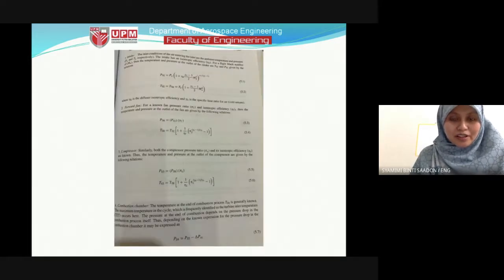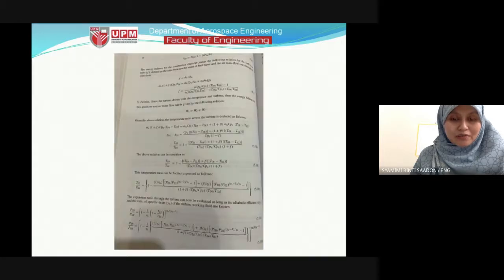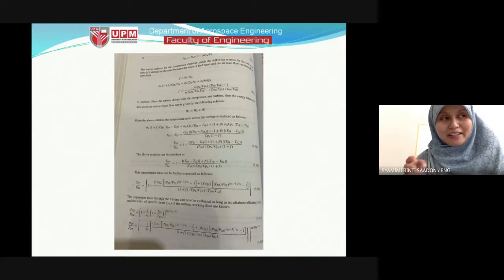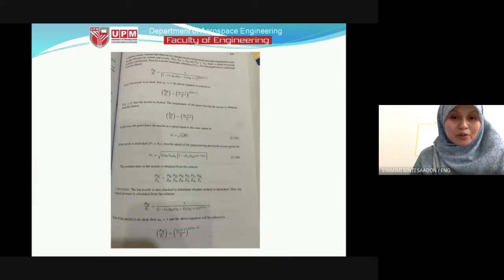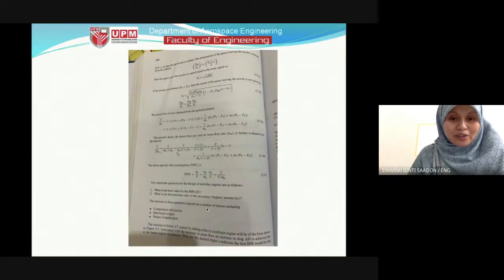These are the thermodynamic equations for turbofan. It is a bit longer and more complicated, of course, because we have two airflows, the bypass and the primary core engine, so the equation is longer, until we reach the TSFC and the thrust equation.